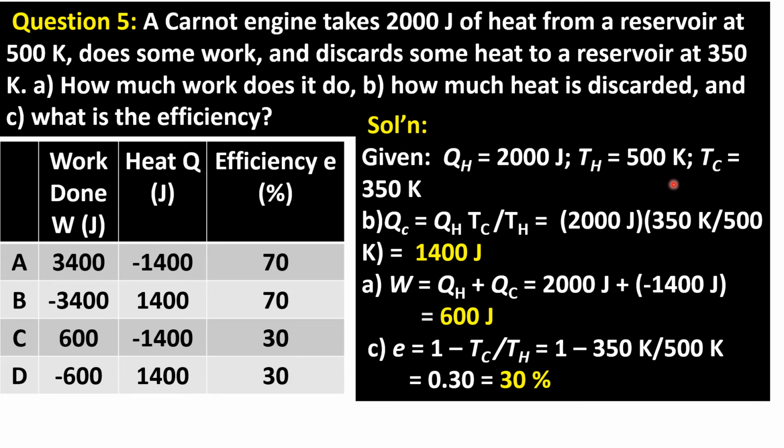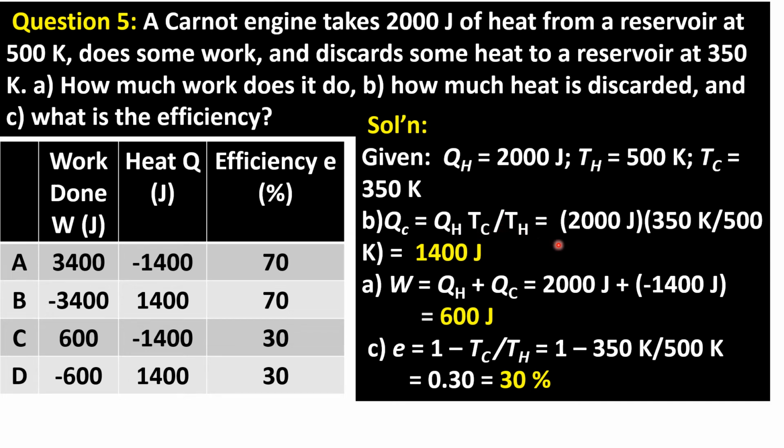So, we will first answer question letter B, how much heat is discarded? Because we can directly determine that using this formula, QC is equal to the product of QH multiplied by the ratio of TC over TH.